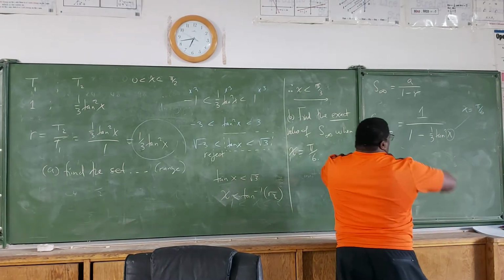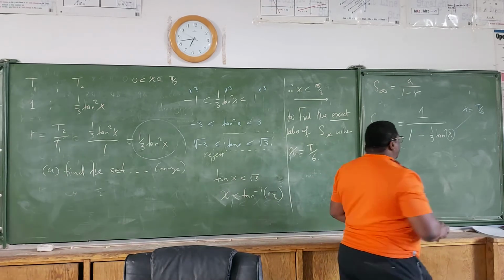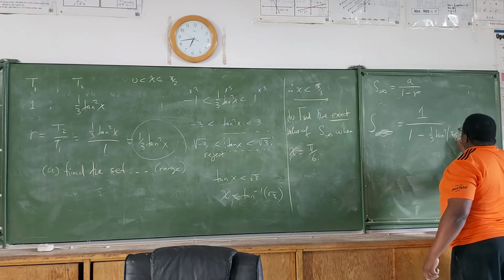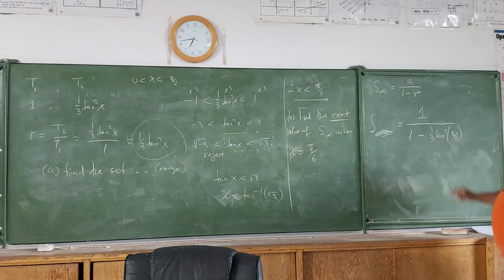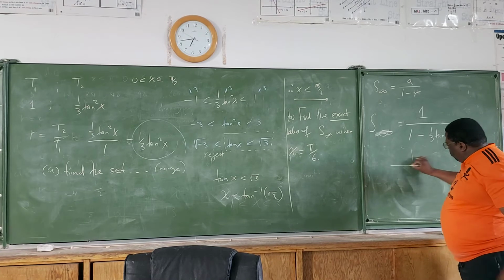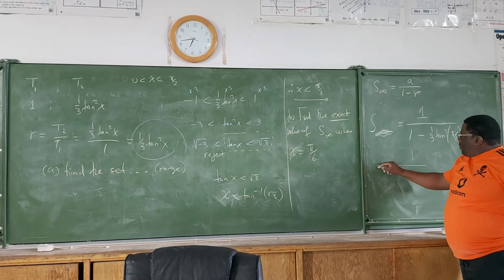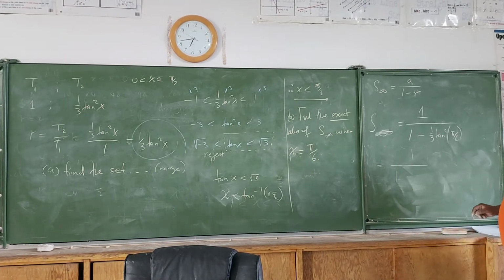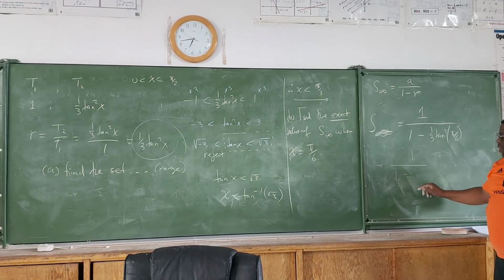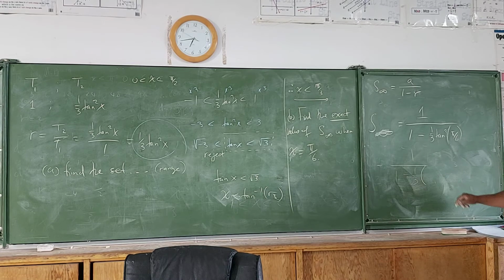So can I take it off? Because I don't want to rewrite. Okay. Now let me show you how you put this on your calculator. Press 1 on the calculator. Then you press 1 minus 1/3. Open a bracket on your calculator.